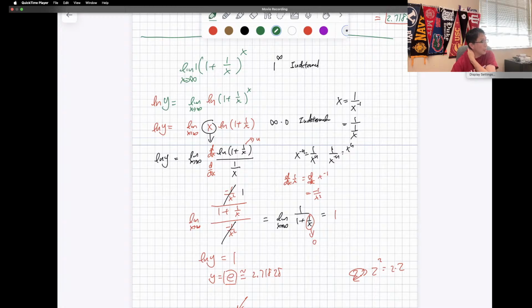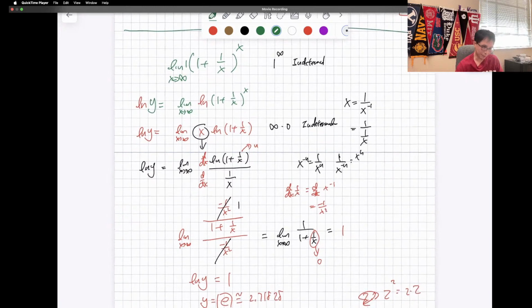This is the definition of Euler's number, and this is what you do with L'Hopital's rule at the very beginning. So it's e, and e diverges because e is greater than 1.